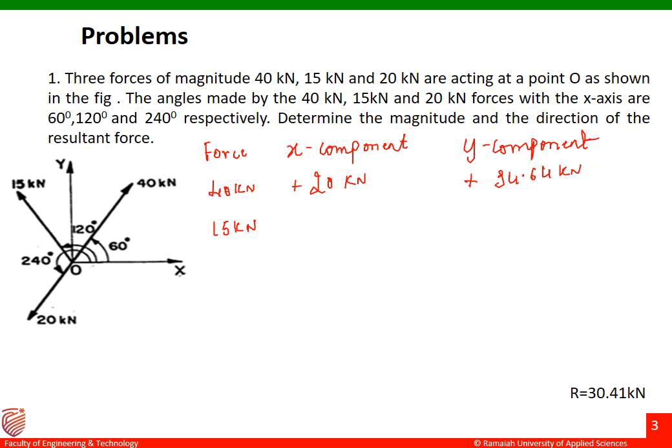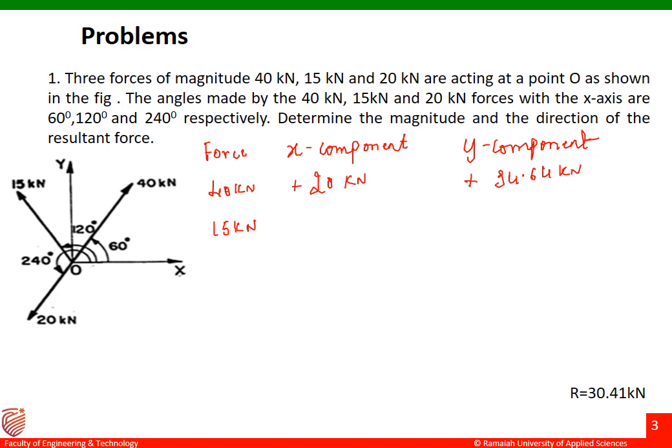The total angle is 120 degrees, so we subtract 90 degrees for the first quadrant, and the remaining is 30 degrees. That is, 15 kilonewton is making an angle of 30 degrees with respect to the vertical axis.